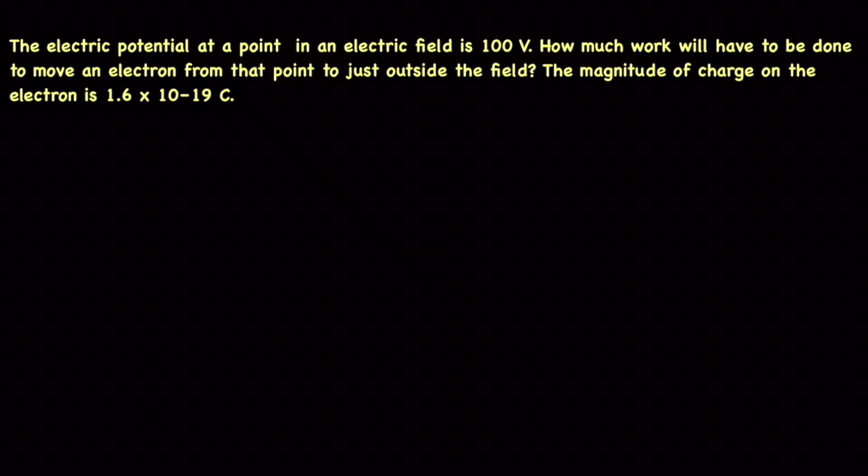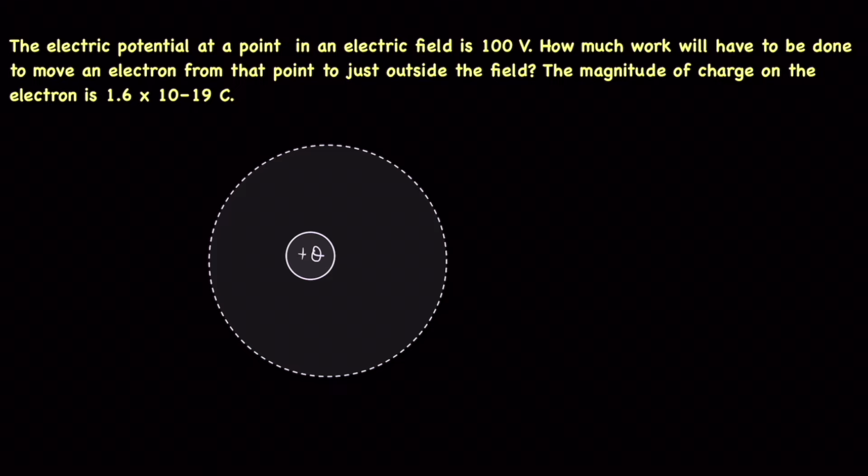The question tries to say that if we have a charged body, and this charged body has a certain electric field, and inside this field an electron is present, we need to do work to move this electron from inside the electric field to the outside.